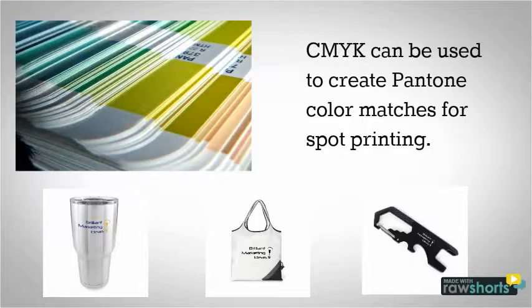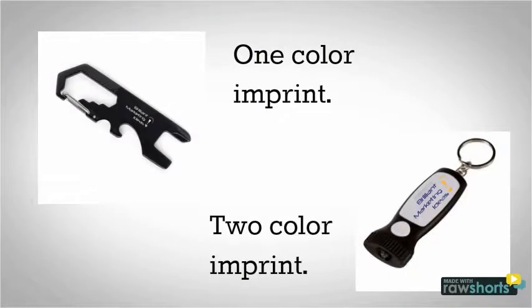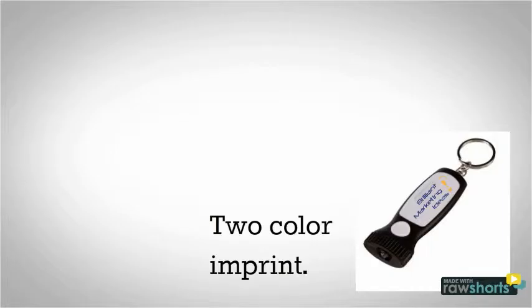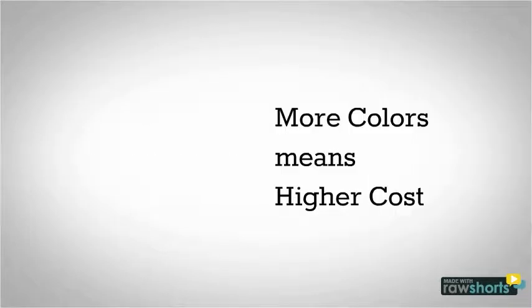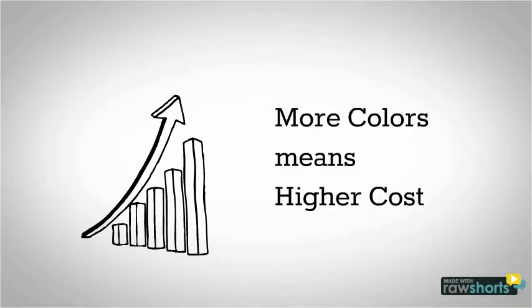Spot printing is generally done with a screen or a pad, and while pad printing is typically one color only, screen printing can be done in more than one color. The more colors, the more screens will be needed to create a single multicolor image. That's why these projects are generally limited to 1, 2, or sometimes 3 colors. It's also why the project gets more expensive with every additional color.